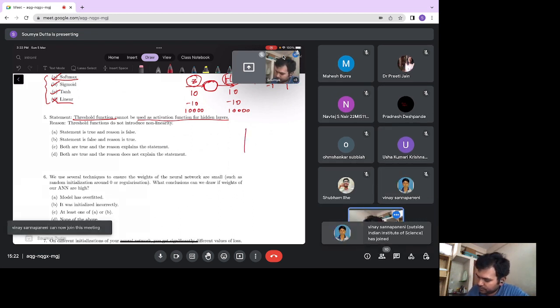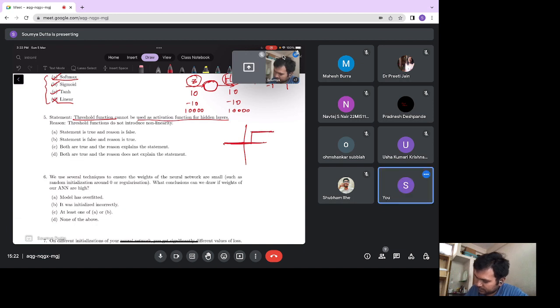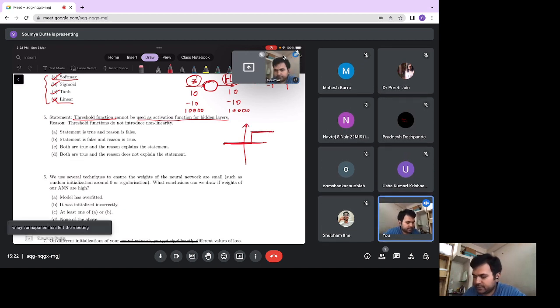If you have this sort of a threshold, where above something it gives a value of 1, let's say, if it is this sort of a function, then you will never use this sort of function.